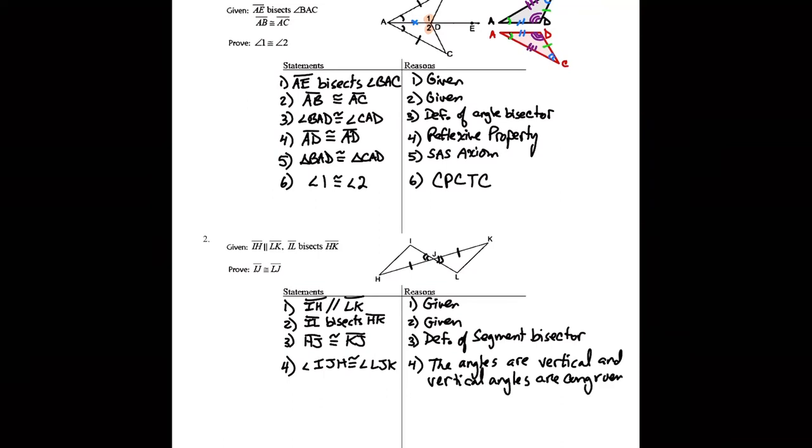All right, so that's this pair of angles. I'll give it 2 tick marks or 2 arcs. And that's the explanation we're talking about before, where the angles are vertical and vertical angles are congruent.